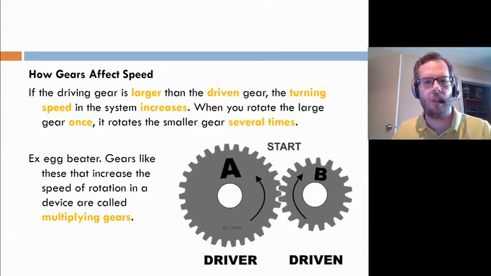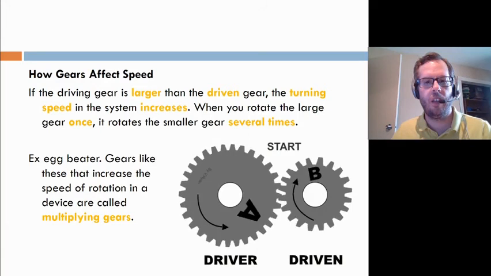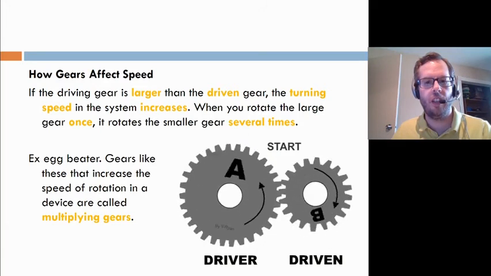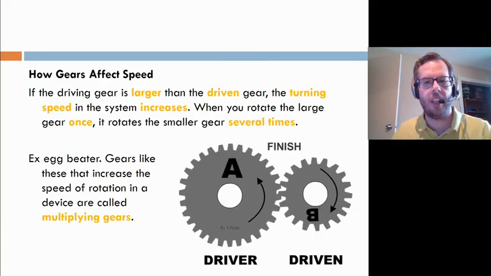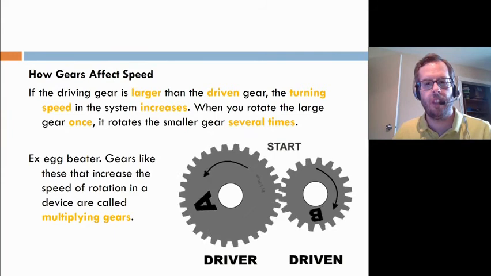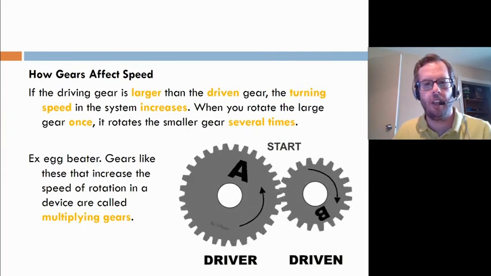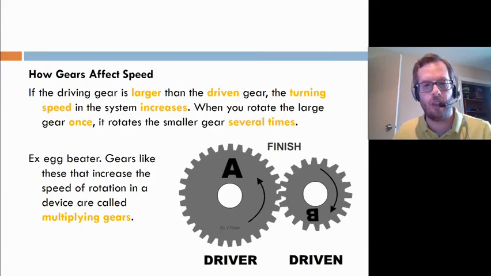So watch this rotation carefully. As this goes around one full rotation, you should have noticed that B went around 1.5 times. Take a look at it again. So there's one rotation for A and a half rotation for B.